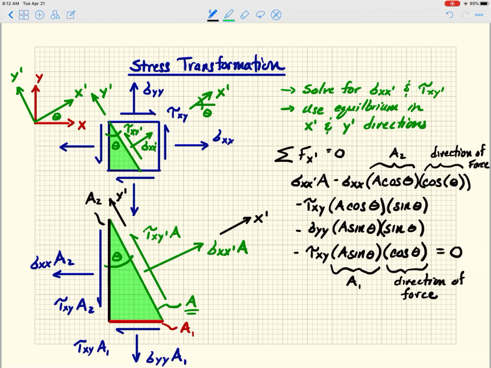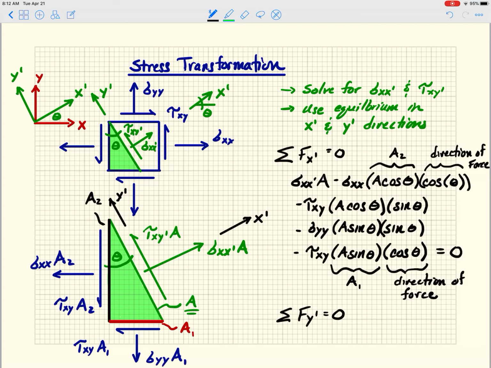Okay. Hopefully what you can see here, I'm not going to write it, but you can see it in your book, is that you can easily sum forces in the y prime direction as well. You're going to get a very similar expression.